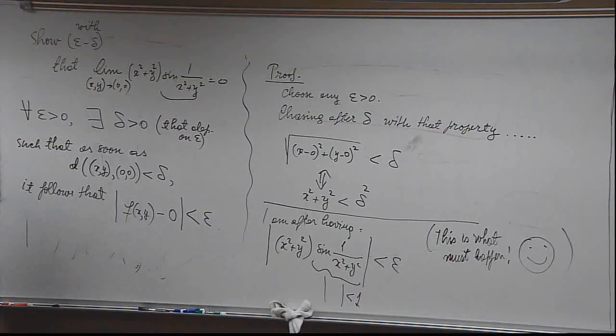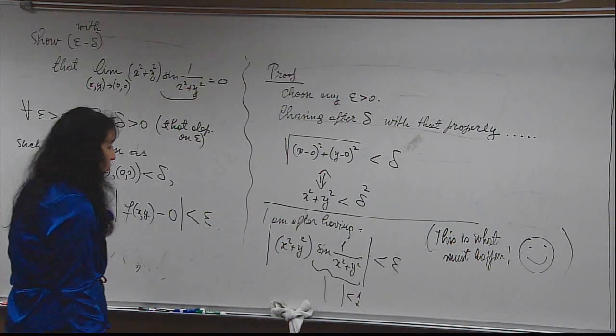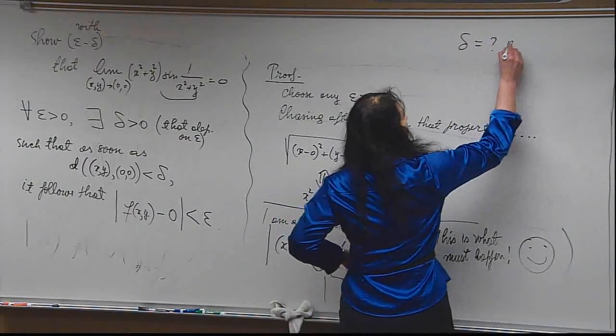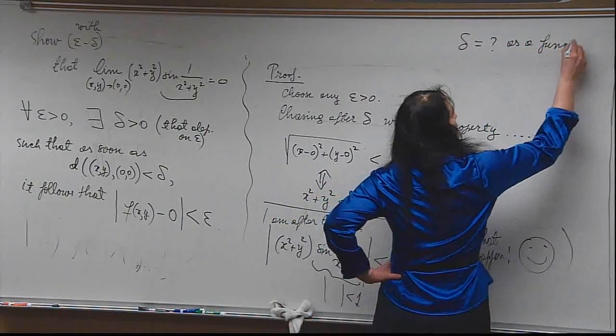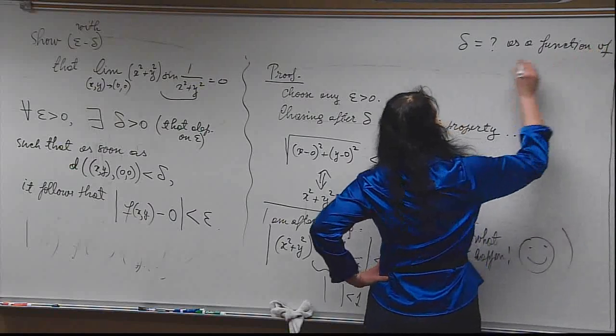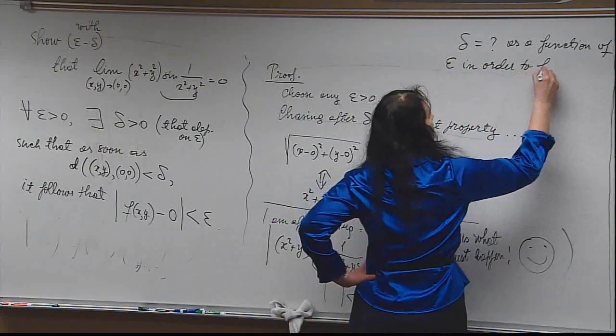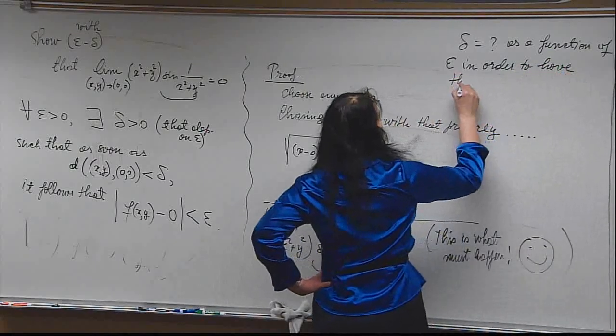Okay? So what shall I take in terms of delta? This is my question. What shall I take in terms of delta? Delta equals what as a function of epsilon in order to have the conclusion satisfied.